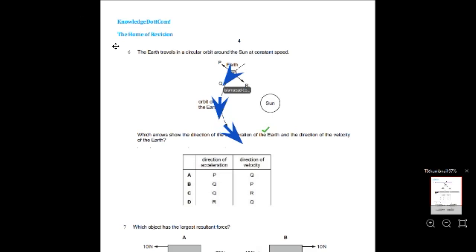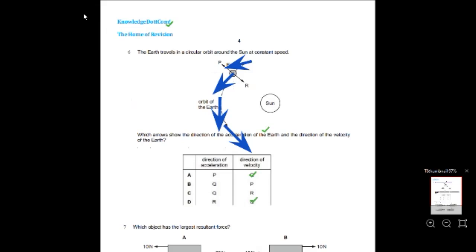Always tangent, sorry, I used the wrong term before. So at this point it would be tangent like this, but this is the direction of the velocity. So I think we are matching with Q. So Q is our correct option for velocity.